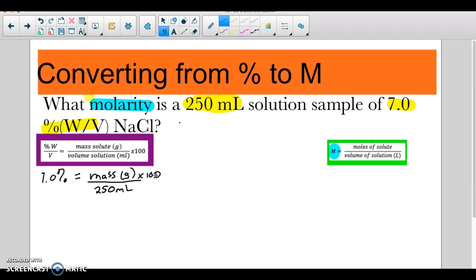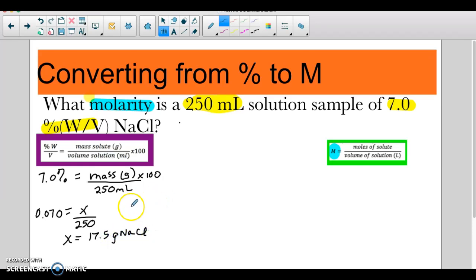When I do these, I divide both sides by 100 right away. So that becomes 0.070 equals X over 250. When I solve for X here, I'm going to get 17.5 grams of sodium chloride.